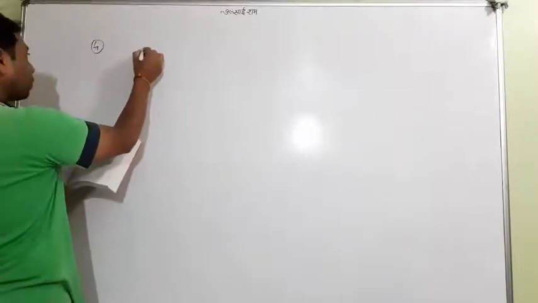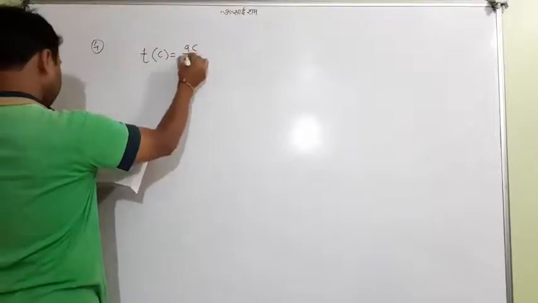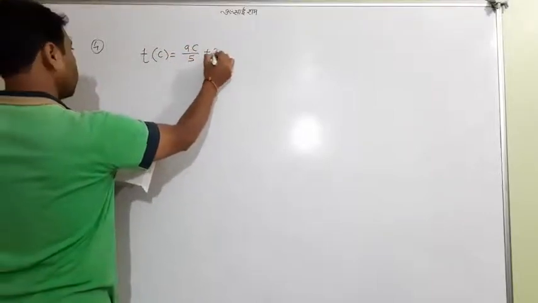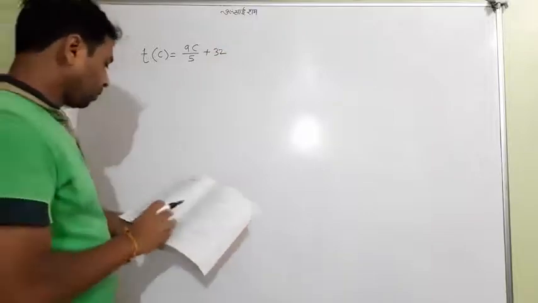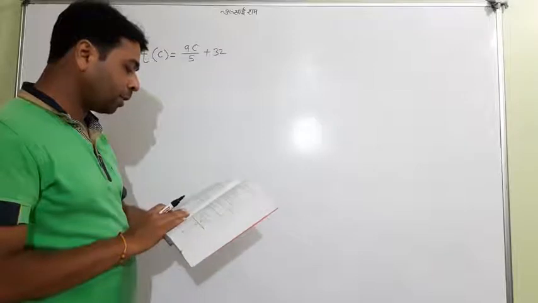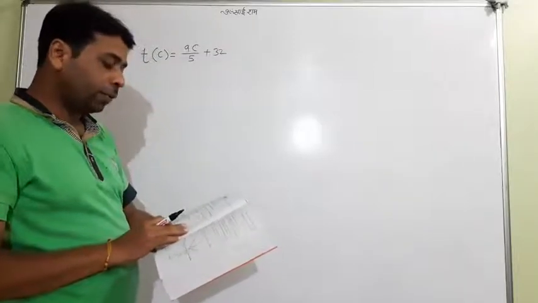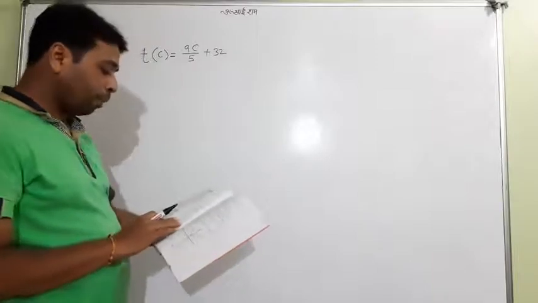The question says temperature in Celsius is given. This is the function T which maps temperature in degrees Celsius into temperature in degrees Fahrenheit, defined by T of C is equal to 9C plus 5 plus 32.